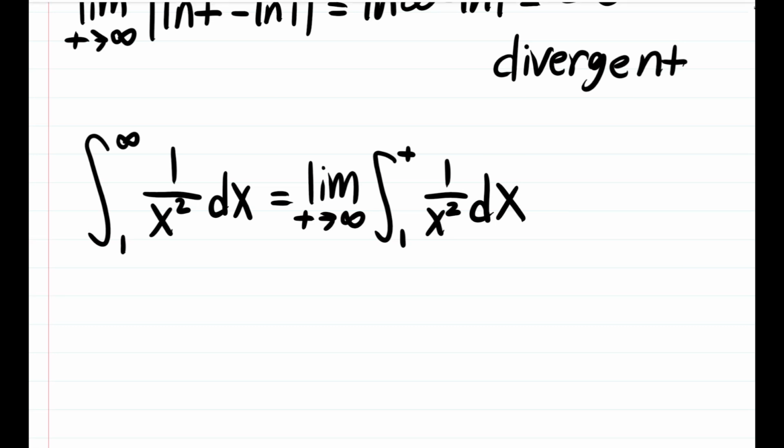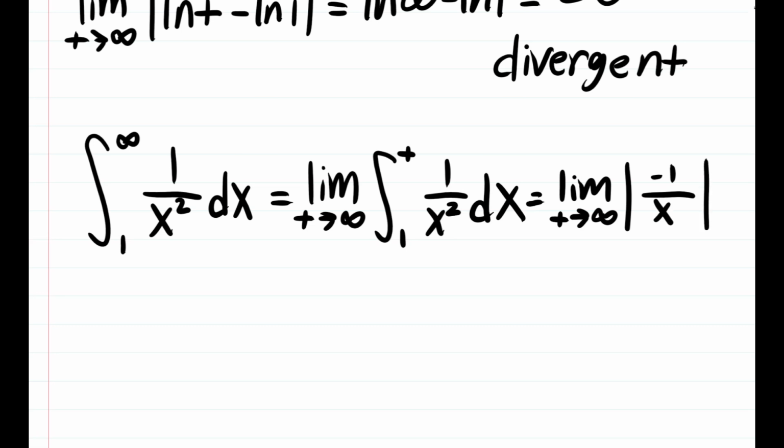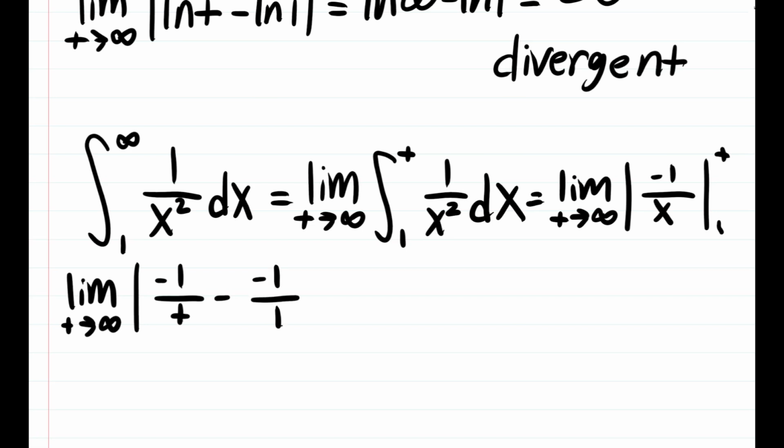Our next step would give us the limit of t approaching infinity of -1 over x evaluated from 1 to t. And so now we get the limit of t approaching infinity of -1 over t minus -1 over 1.